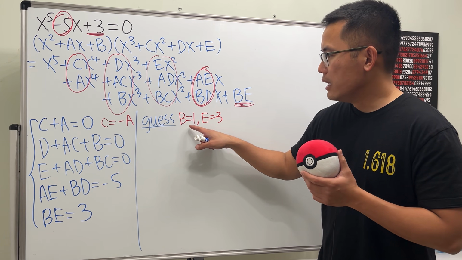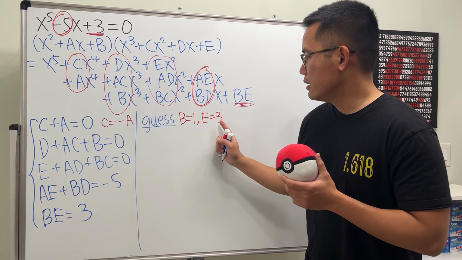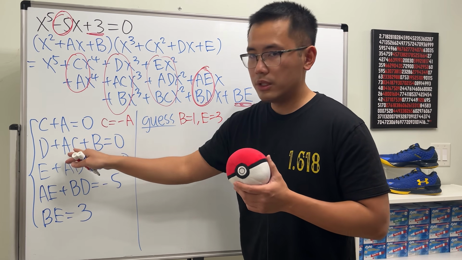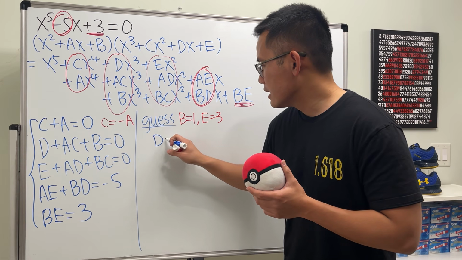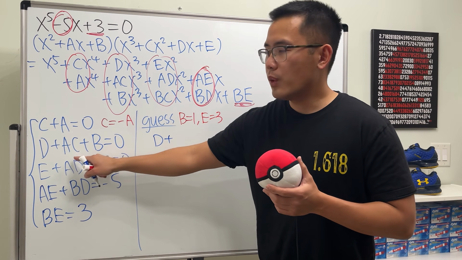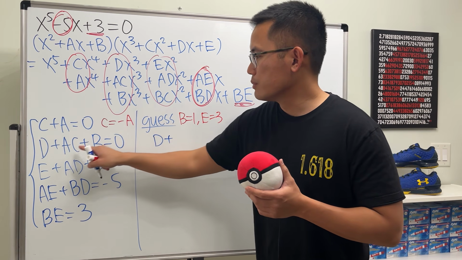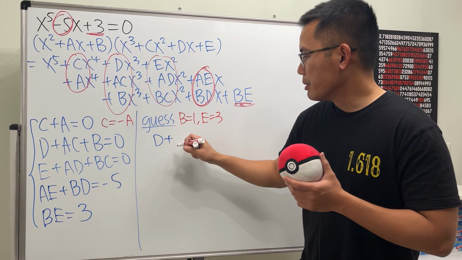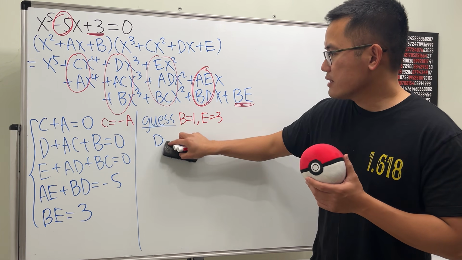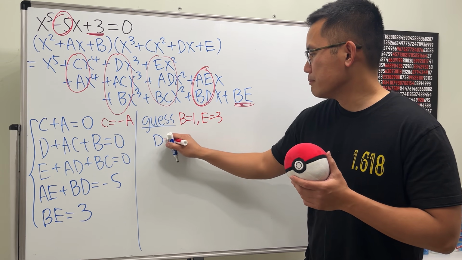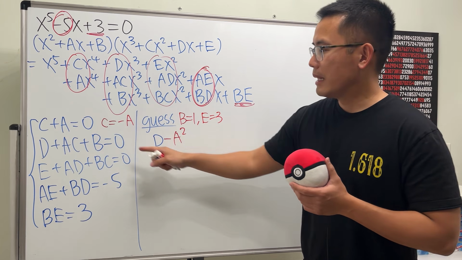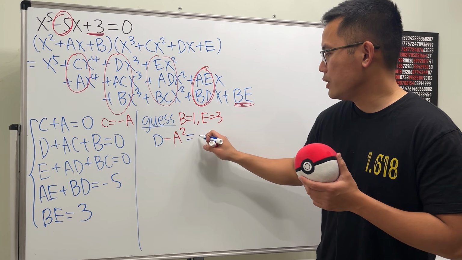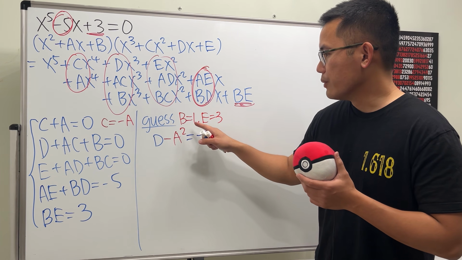So here we go. Let me just plug in this right here, and then this right, there's no e here, but okay, here we have d, and then plus a times c, but you know what, c is equal to negative a, so let's just multiply this and that together, so we get plus negative a squared, so I'm just going to write it as minus a squared, and then b is equal to 1, but let's put it to the other side, so this right here should be equal to negative 1, and then let's continue.